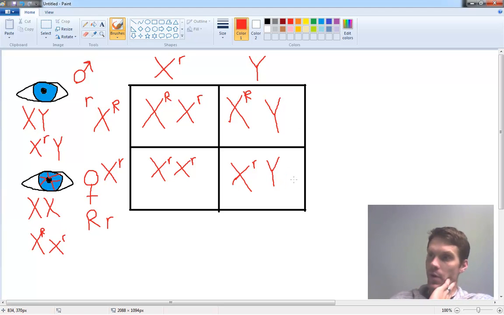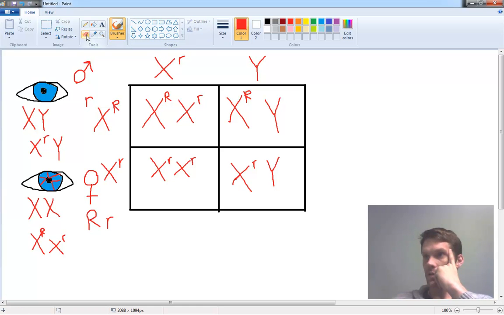But if I ask, what's the probability that you will have a male and he is colorblind? Okay, this is the colorblind because it has the little r here and the Y, which makes him male, and because the Y does not have the gene on it, then it's basically like having nothing.